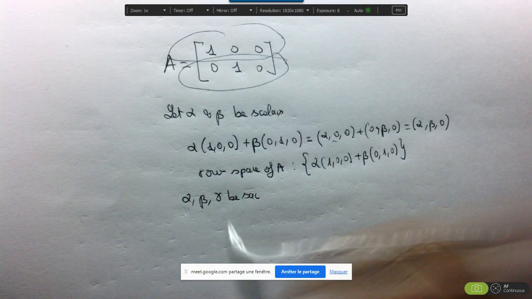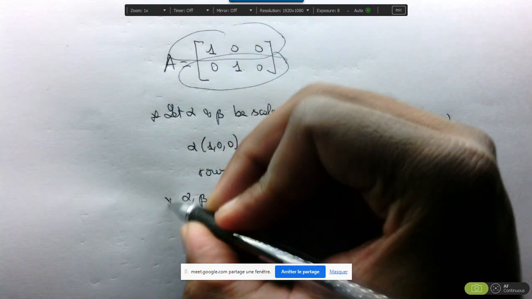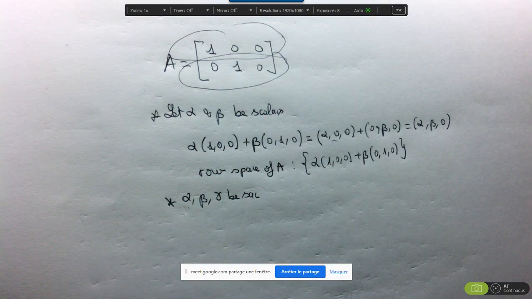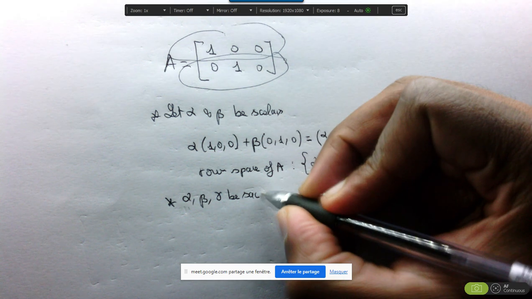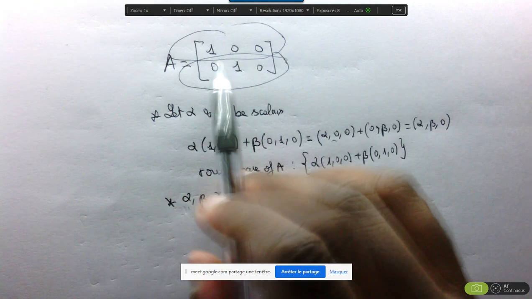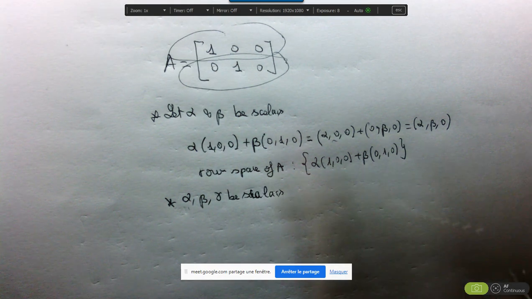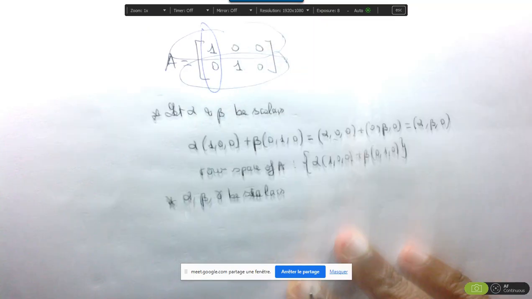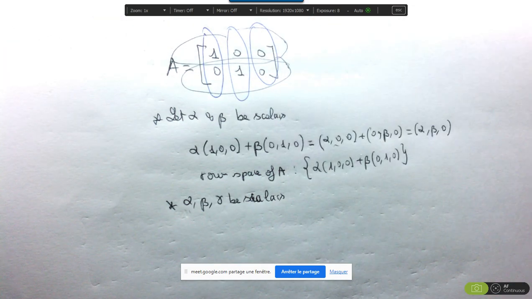Now let's look at this. This is the row space of A, and we also have the column space of A. The column space of A: all of them are scalars like this. So I take this column that is here. It's the set of all of the possible linear combinations of the columns of your matrix. As simple as that.